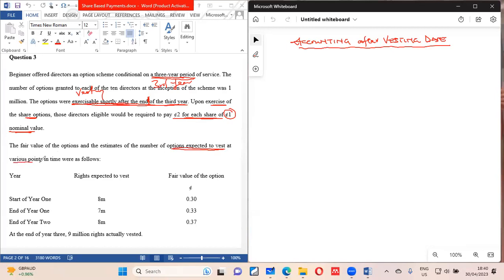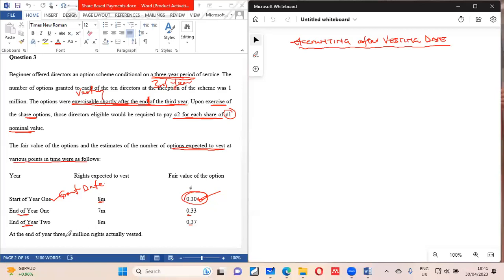The fair value of the options and the estimate of the number of options expected to vest at these various points is what you see. So at the beginning, we have 8 million at 3 cedis. At the beginning of the year is when they are doing the grant. So the grant date is here, and so the fair value you need is at grant date. These are fair values at reporting dates, as you can see, the end of year 1, end of year 2.